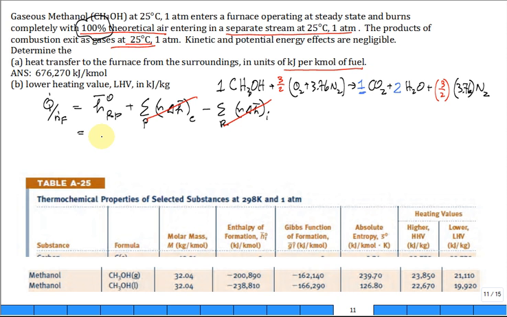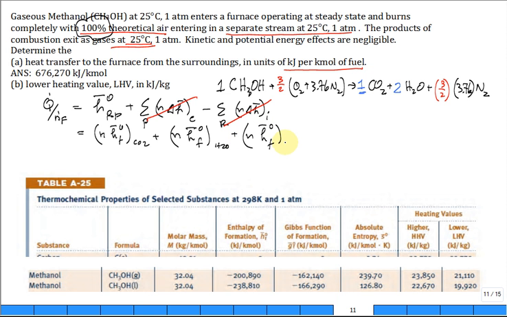This is just going to be the stoichiometric coefficient of the carbon dioxide times the enthalpy of formation of the carbon dioxide, plus the stoichiometric coefficient times the enthalpy of formation of the water, H2O. And then I'm going to put it right here just to try and finish it out.